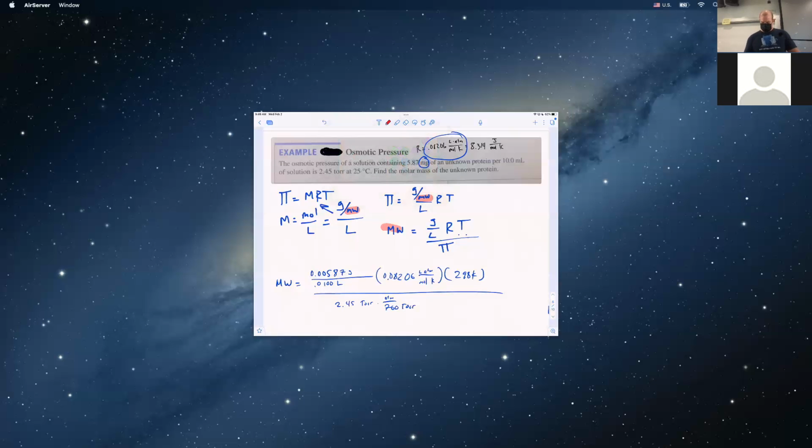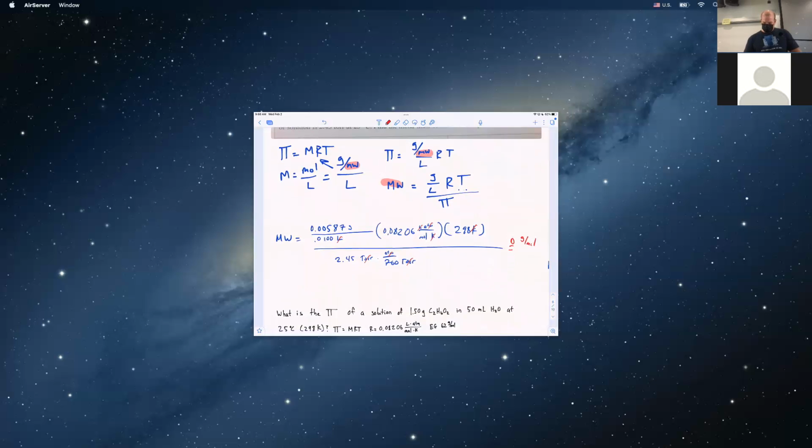So let's look at the units. Torrs cancel, atmospheres cancel, Kelvins cancel, and liters cancel. So that means our dimensionality is going to be grams per mole. And then we just have to put in the numbers.